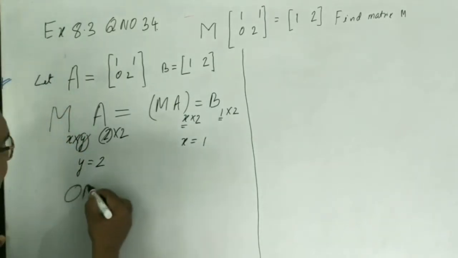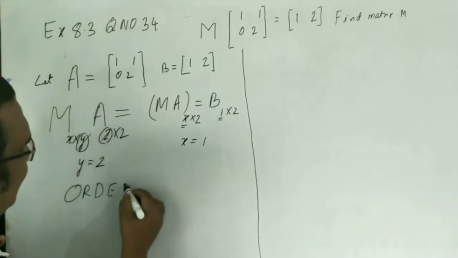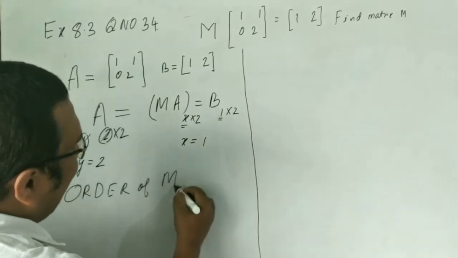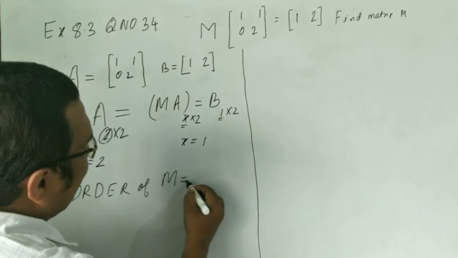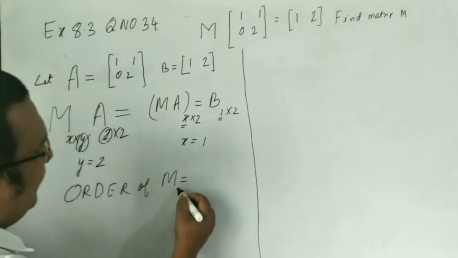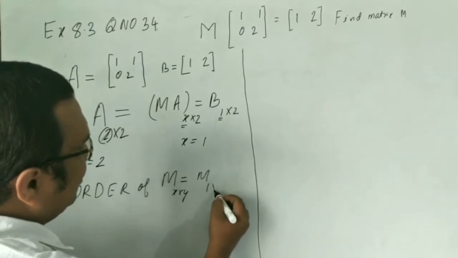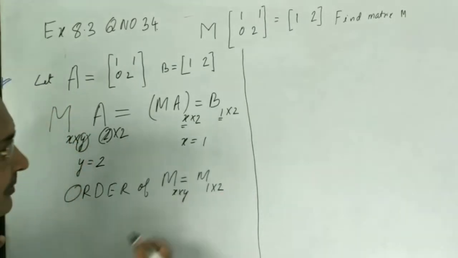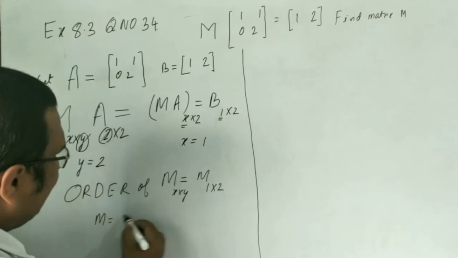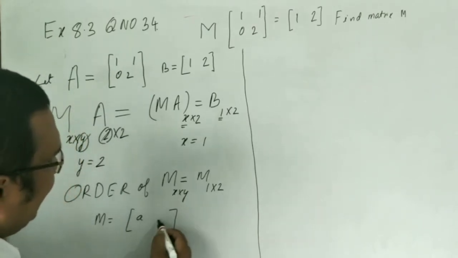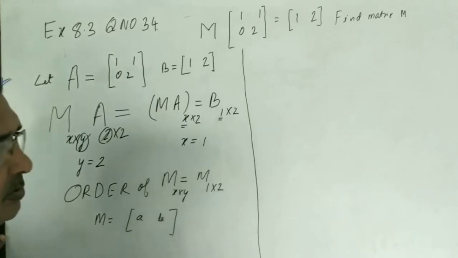Therefore, order of matrix N will be X by Y, that is 1 row and 2 columns. So matrix N we are going to write as A and B, 1 row 2 columns.